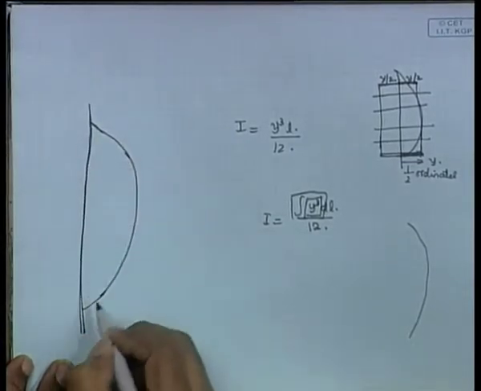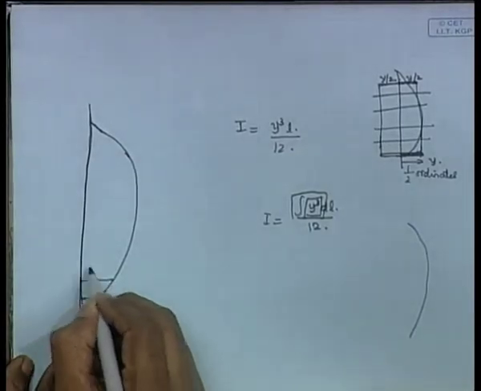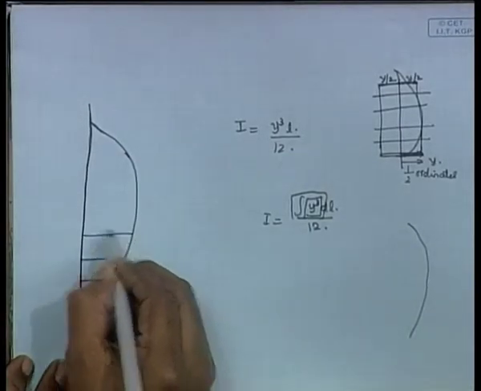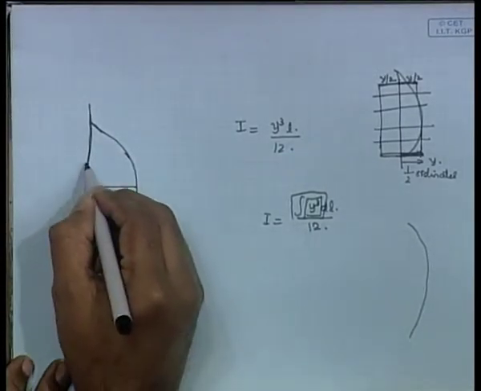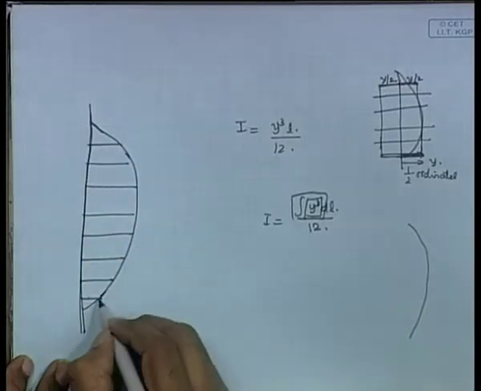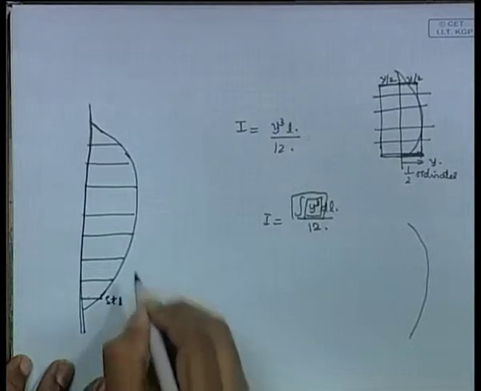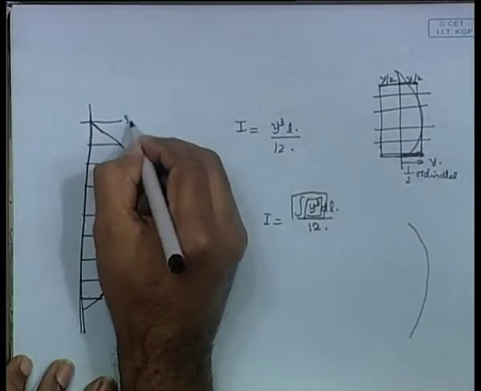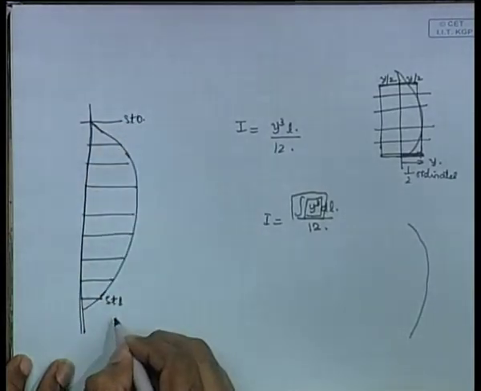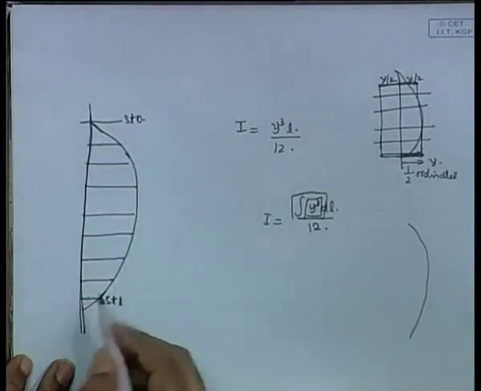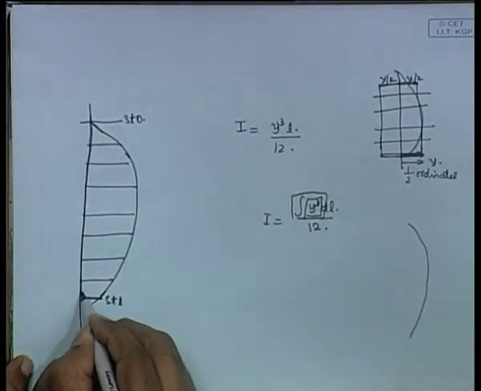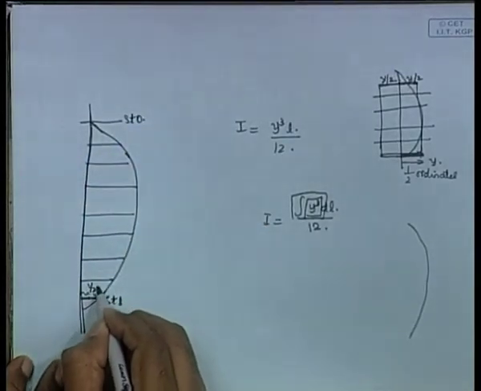So half ordinates are like, these are different stations looking from above. I think they have called this station 0, the aft of the ship, and here it is station 8. So the ship is divided into different stations, and at each station you are given the half ordinate.